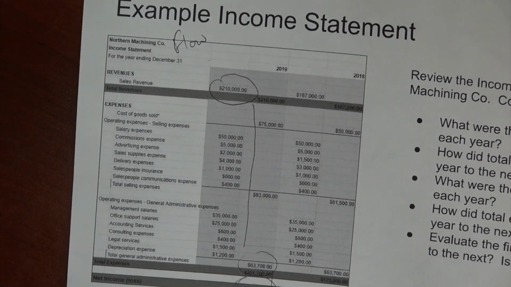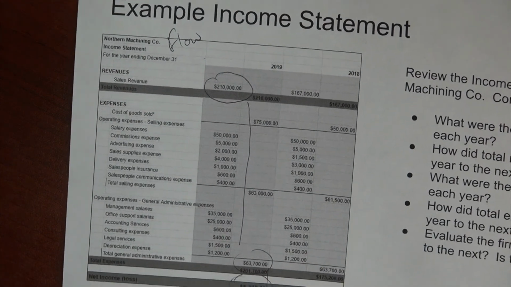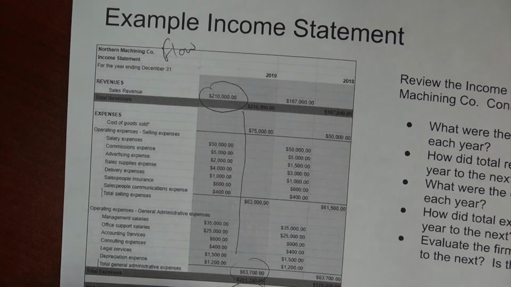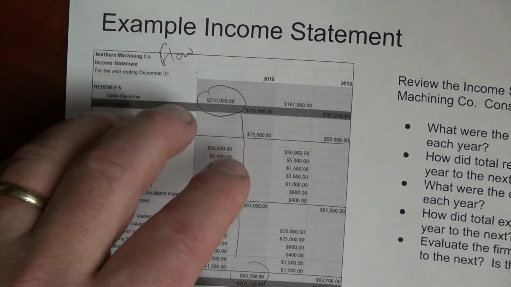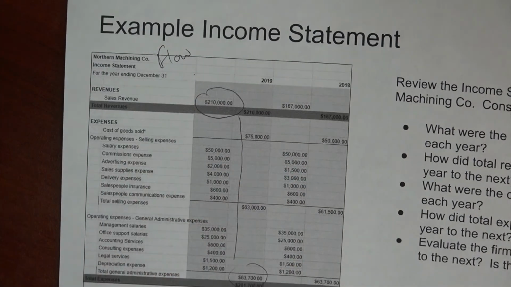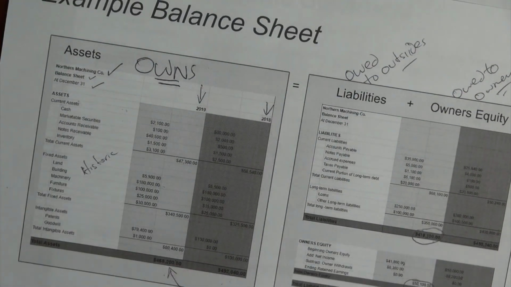A calendar year ends December 31st. A fiscal year is a year-long period, but it could start somewhere during the calendar year and end somewhere during. So it really needs to be a measure. So this is like the taps in a bathtub and the water flowing into the bathtub, whereas the balance sheet is like the bathtub itself. It measures how much water is in the tub at any given point in time.